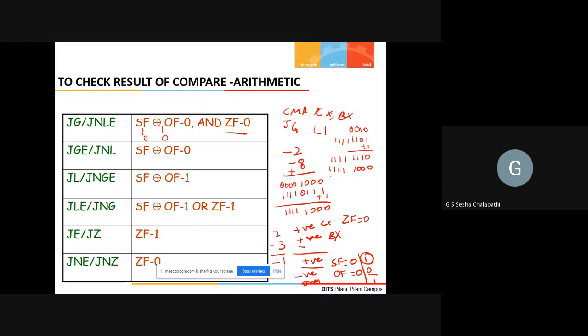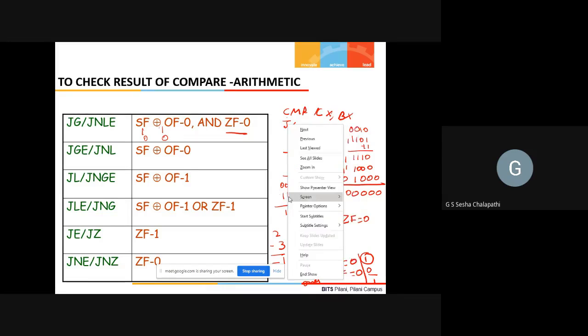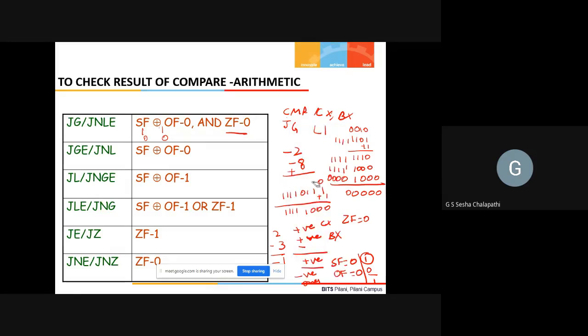If you add this, you should directly add 0 0 0 0 1 0 0 0. Okay, let me erase all these things. If you actually add this, it will become 1 plus 1, 1 0, then 1, and then 0, then there is a carry out.